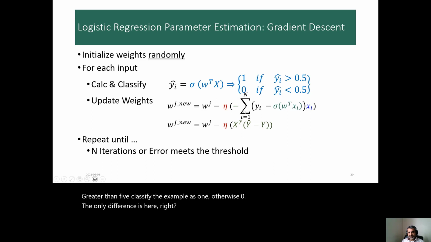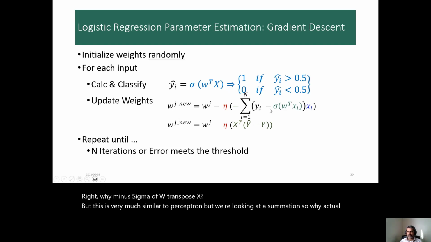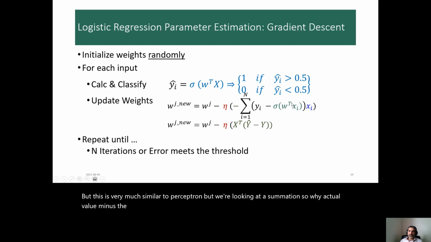If you remember, this is the term that we received after differentiating the log likelihood function: y minus sigma of W transpose X. Well, this is very much similar to the perceptron, but we are looking at a summation. So y, the actual value, minus the estimate, summed over all, multiplied by x.